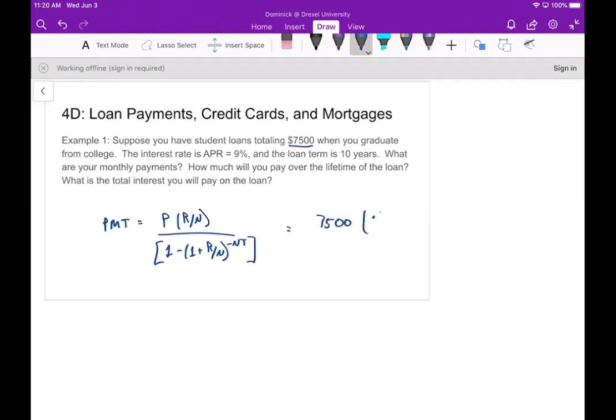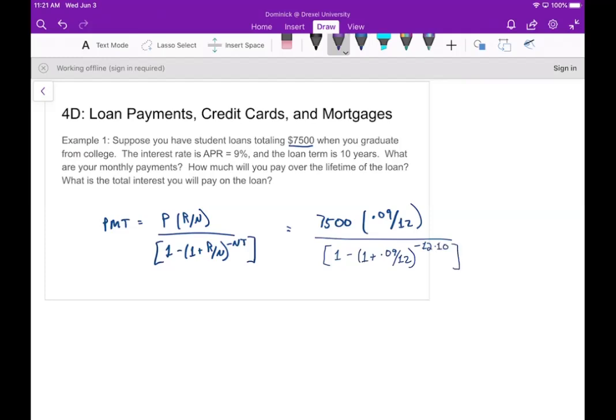Our R is 0.09. And of course, it's monthly payments, so N is 12. And then we're dividing this by 1 minus 1 plus 0.09 over 12, and then raising this expression in parentheses to the minus N, so 12 times 10.